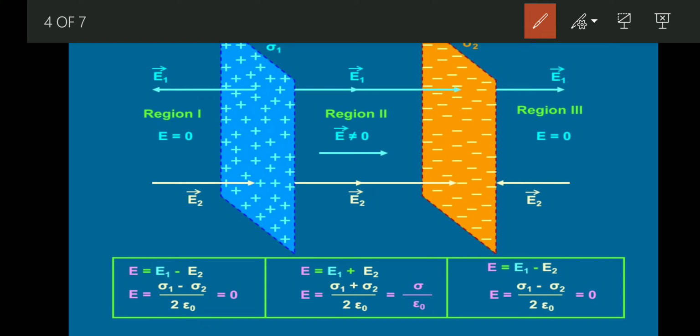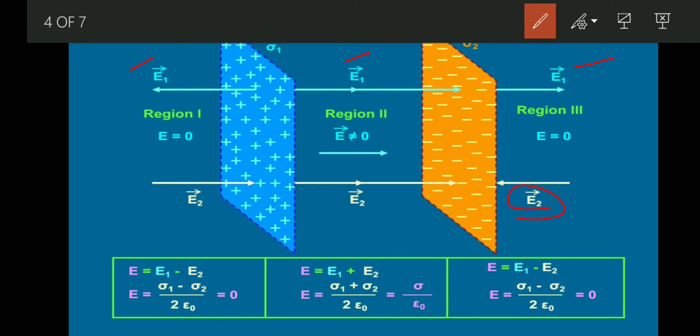For the first plate it will be E1 along this direction, and similarly along this direction, that is radially outward. Similarly for the second plate, the electric field intensity is E2, and since it is negatively charged, the direction will be radially inwards.